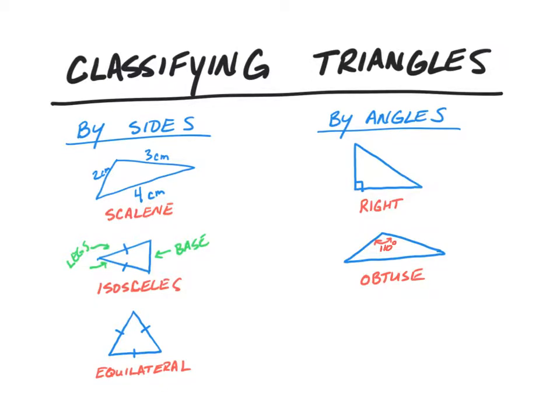Now the third type of triangle would be one where all these angles are smaller than 90 degrees. We should be able to look at that triangle and realize that these 3 angles are each smaller than 90 degrees.